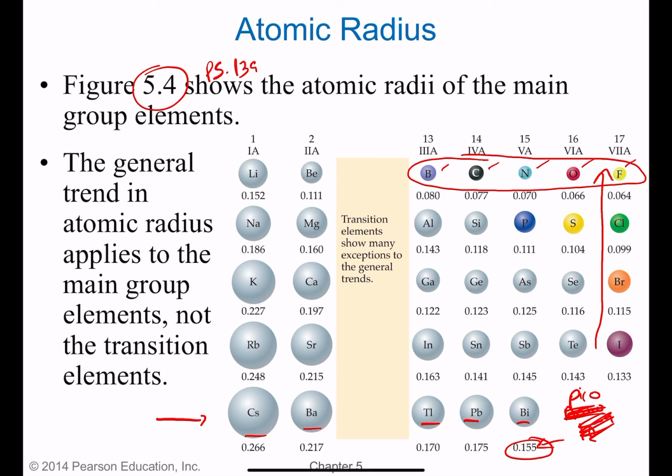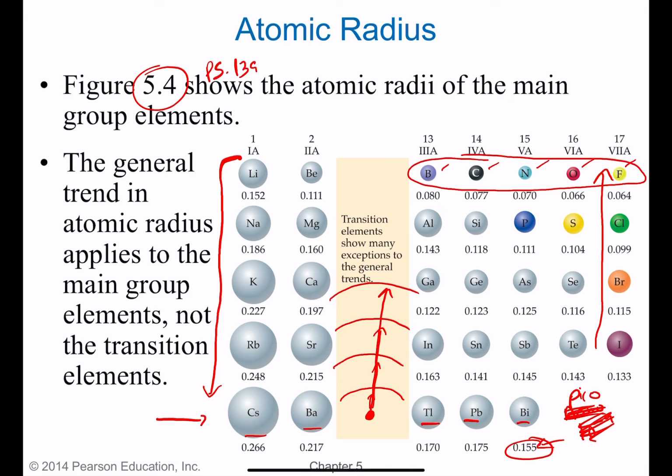The reason for this is that as we go down, we're adding more electrons. We talked in the previous video about how, if we have our nucleus, and then one energy level, another energy level, a third energy level and so on, these energy levels get larger. They are further from the nucleus.